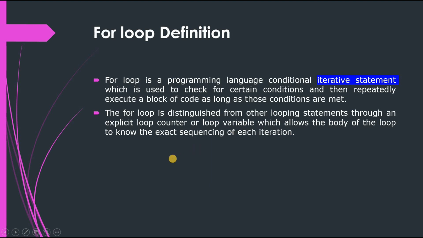The for loop contains the variable initiation, the condition, and the updation, which means the variable increment and decrement.